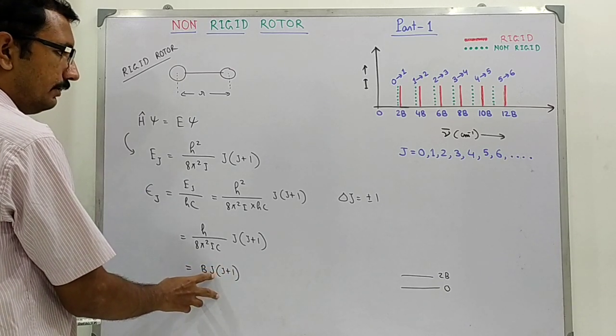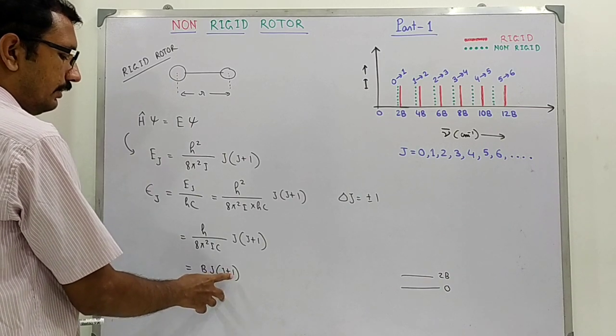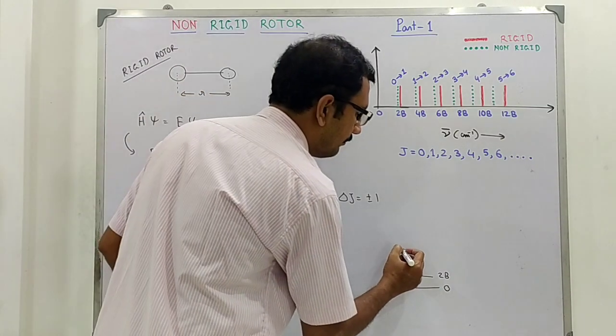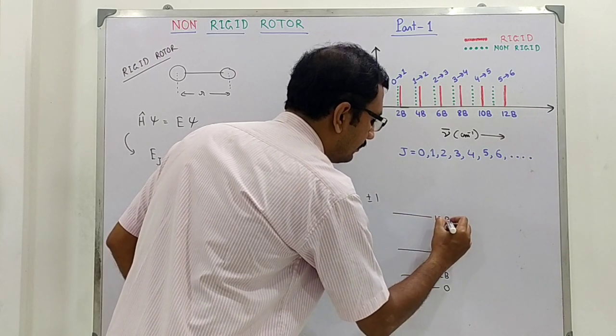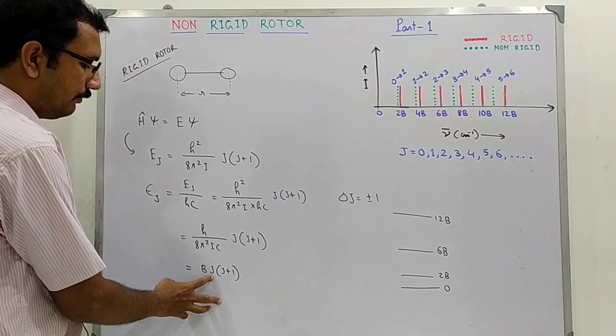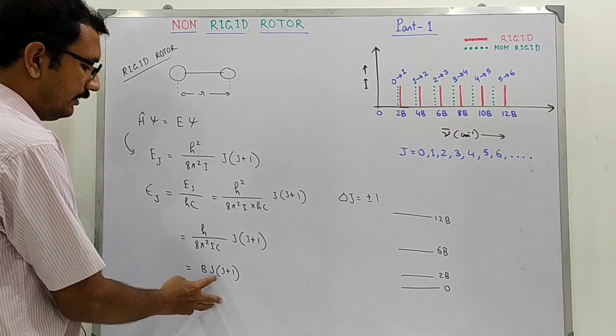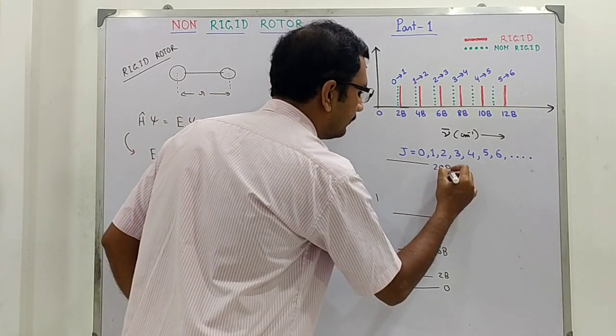Next value we put 3 here, 3 into 3 plus 1, so it is 12B. And the next one we put J equal to 4, so it will be 4 into 5, 20B. And this will go on.